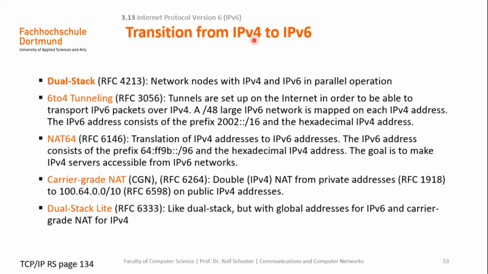The use of a dual stack defined in this RFC is the main important strategy. In that strategy, the new network nodes in the internet will support the two stacks, that is the two protocols, the IP version 4 and the IP version 6 protocol.